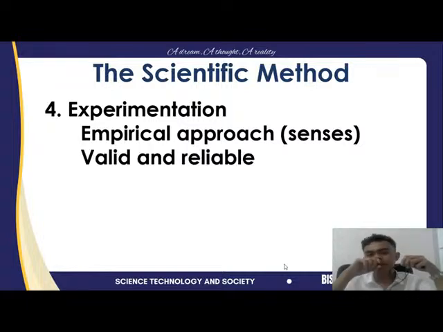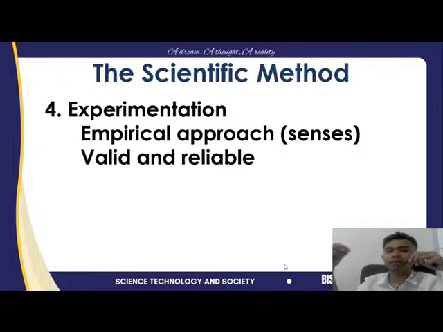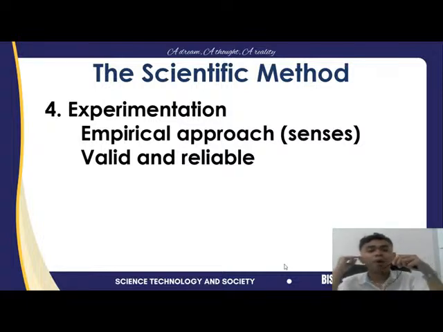Okay, next. In your experimentation, it must be valid and reliable. So your data must be valid and reliable. Now, what is validity and what is reliability? What is the difference between these two terms?